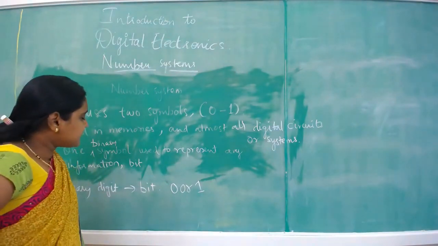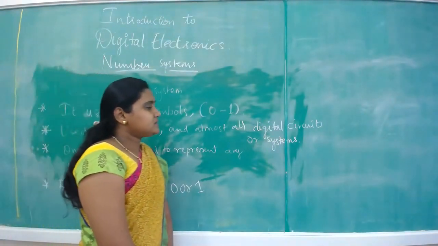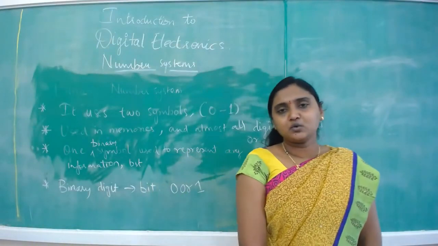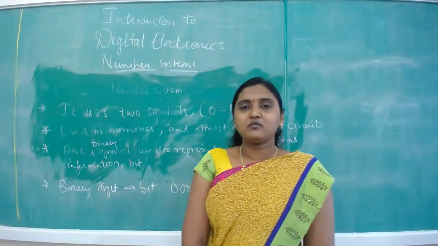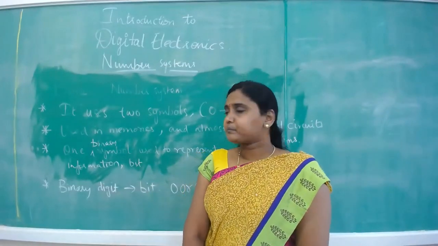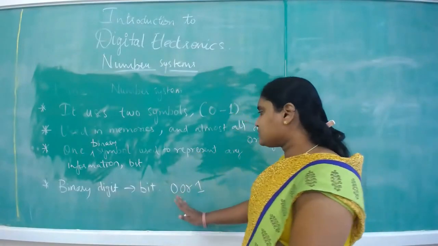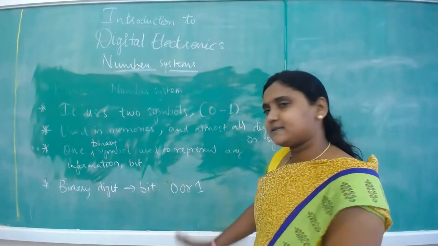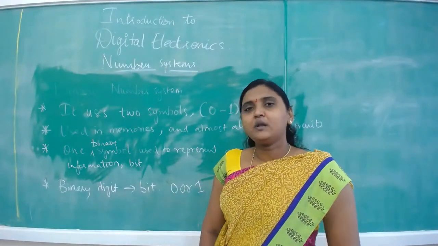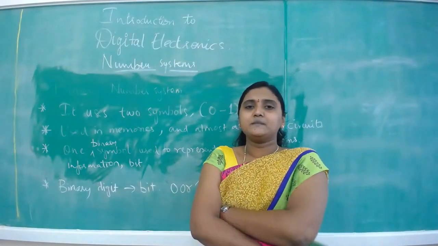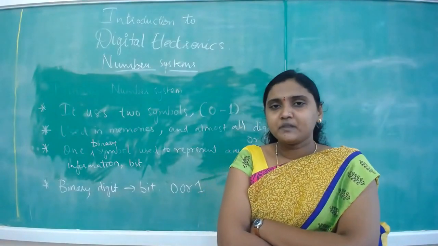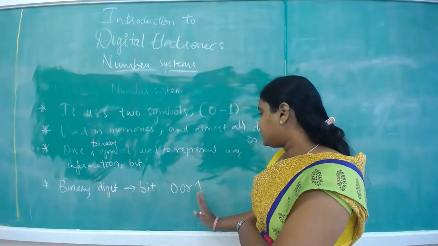Okay, so this type of symbol can be used in systems where you just need to show a true or false system. For example, one bit of information is also information. 0 means something and 1 means something. For example, if you are using any alarm system, whenever the signal has been raised, it will become 1.